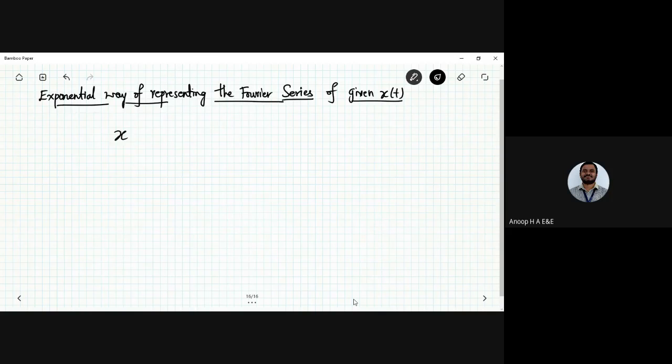Can you recall what we had written for x of t? That would be the sum over k from minus infinity to plus infinity of x of k e power j k omega naught t.